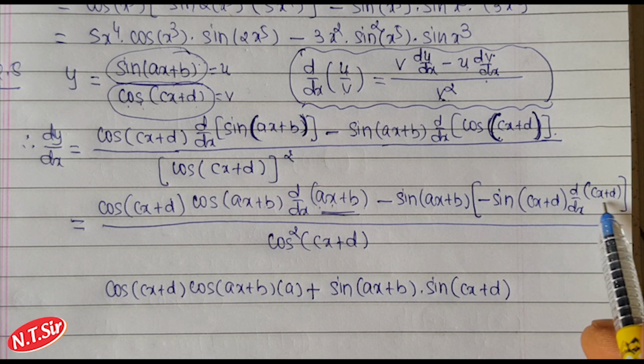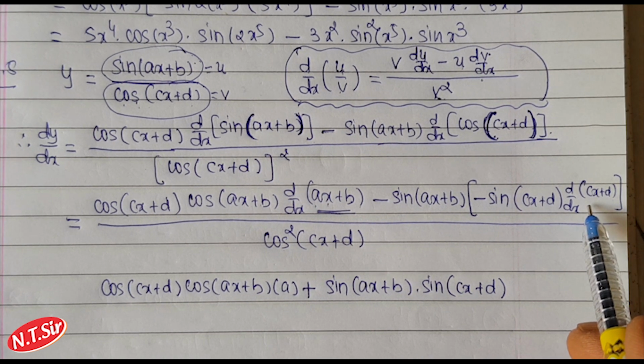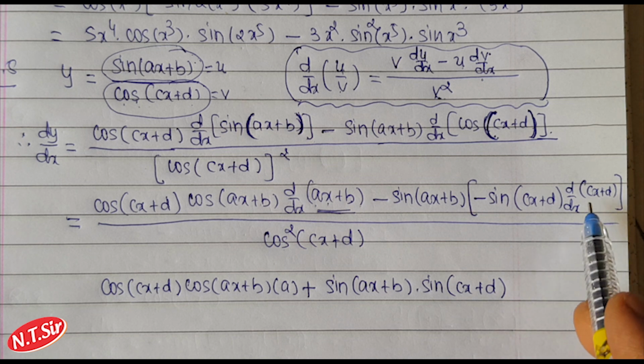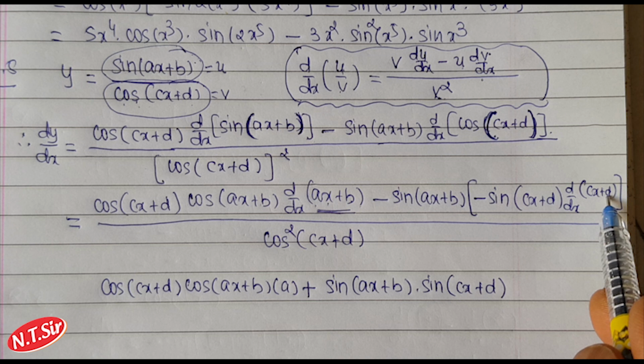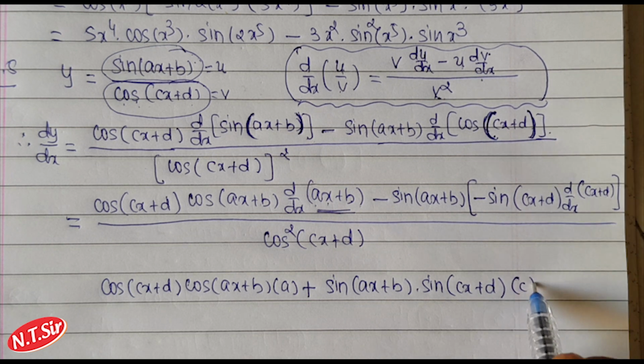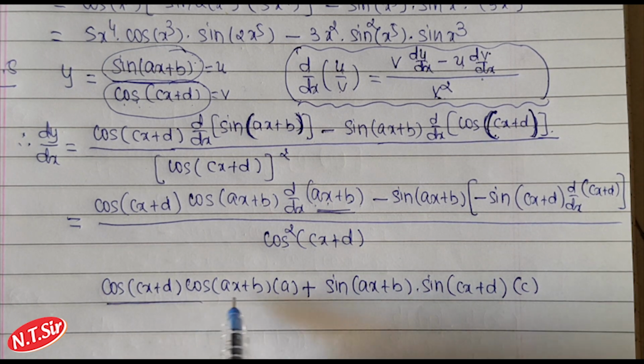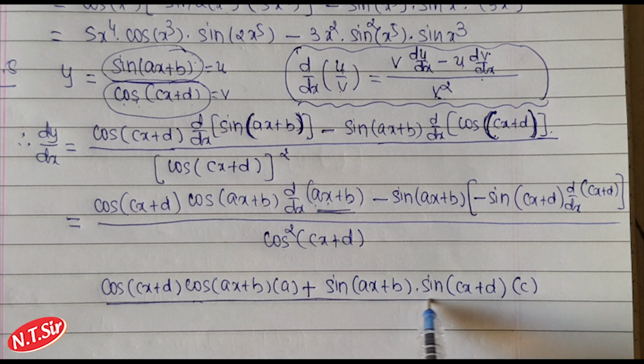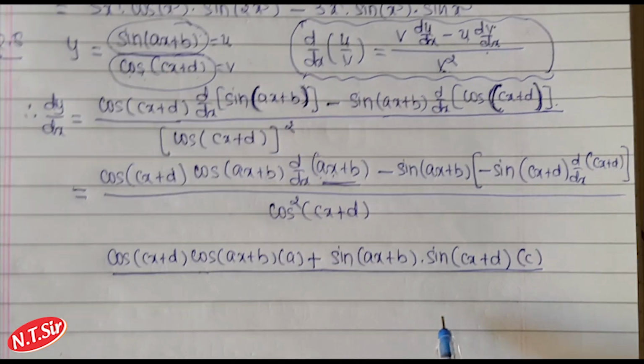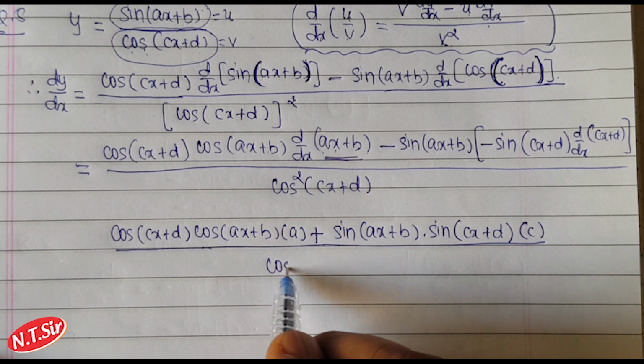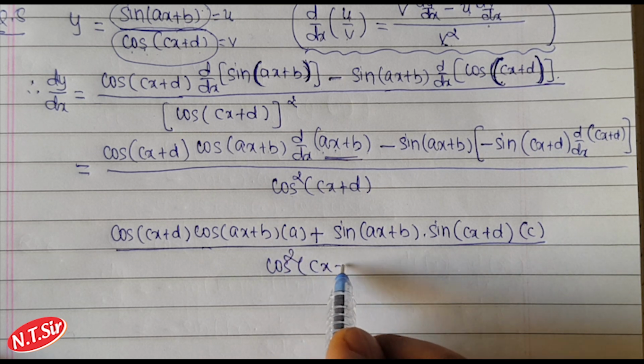Again, derivative of cx plus d, that is derivative of x is 1, c is constant, derivative of d is 0, so answer is c, whole upon cos square(cx plus d).